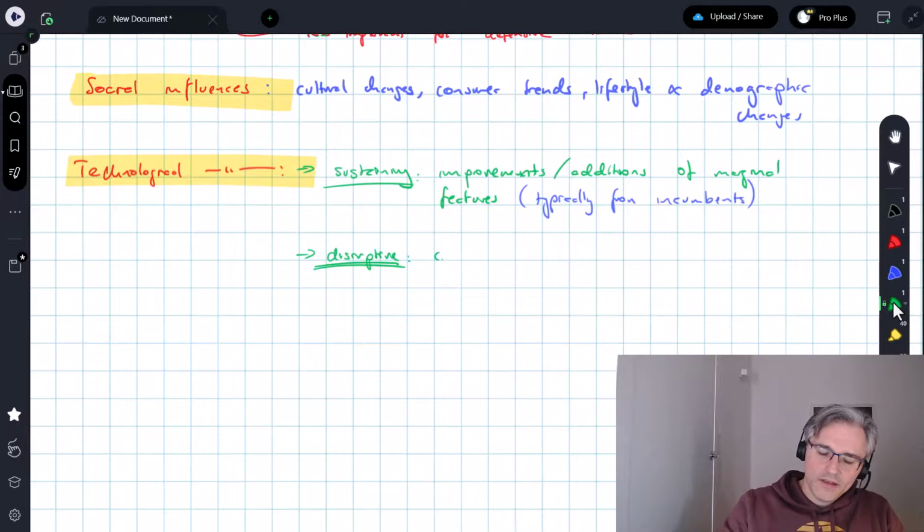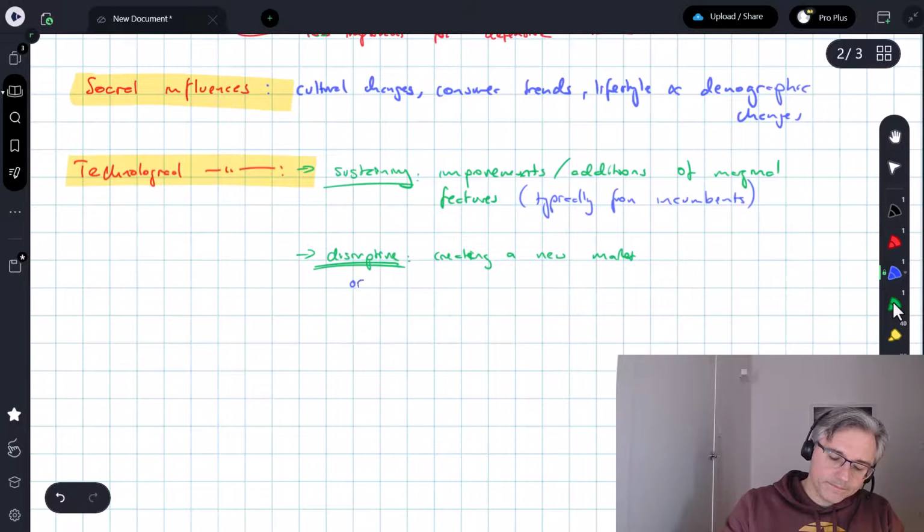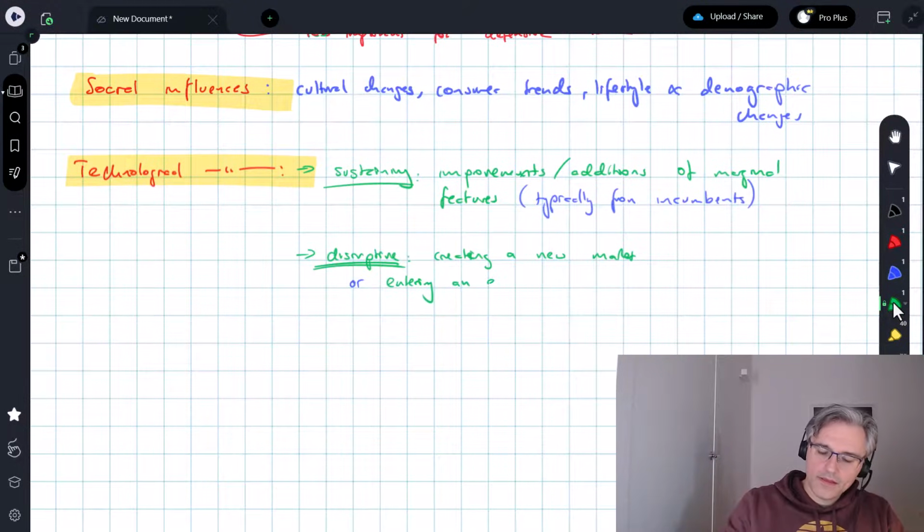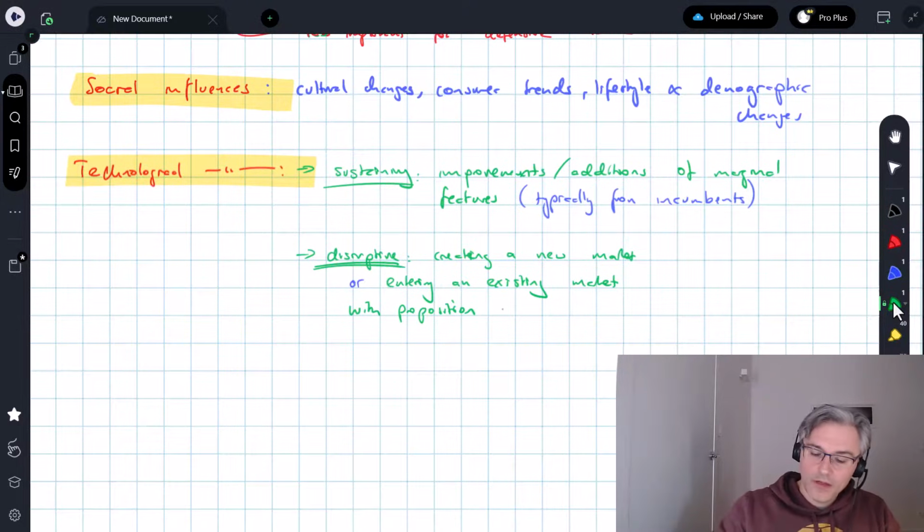This is where we create a completely new market, or actually entering an existing one, but with a proposition, sort of value proposition for the customer, which is often very different to what's already there.